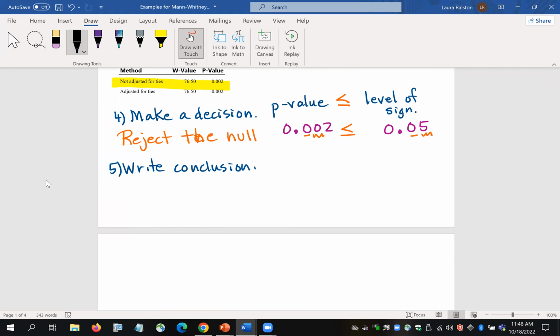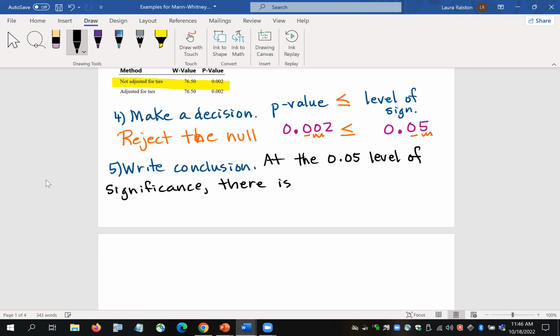So we would say at the 0.05 level of significance, there is a difference, excuse me, sorry, got an extra word in there, because we're saying they're not equal.